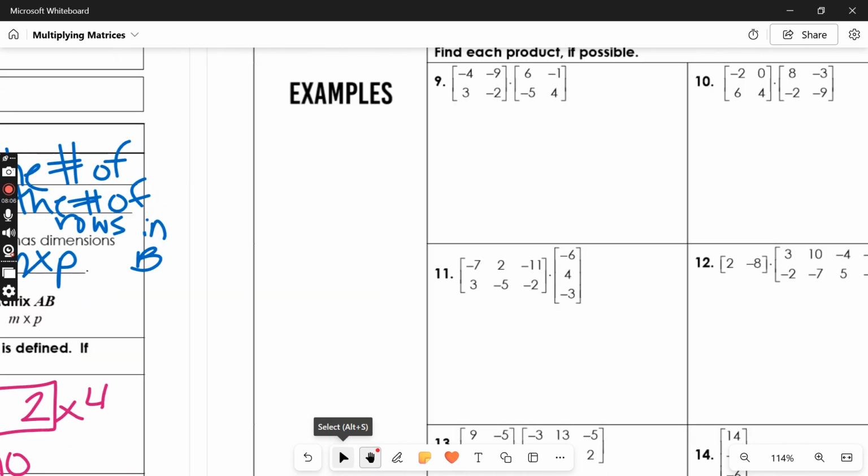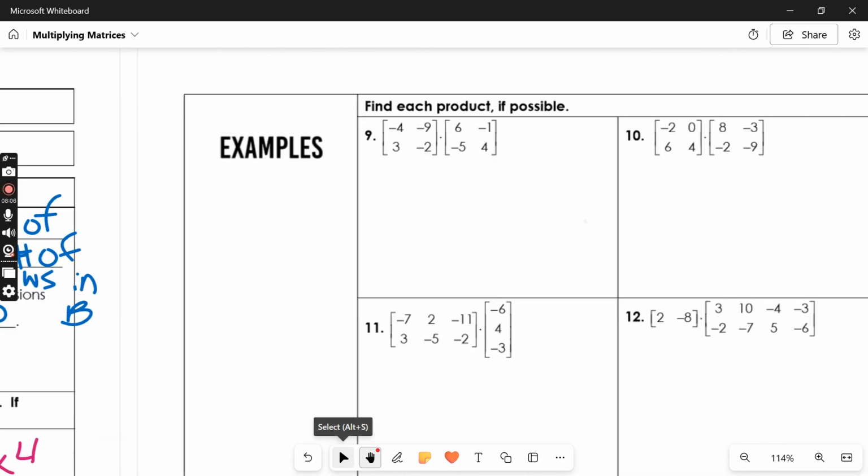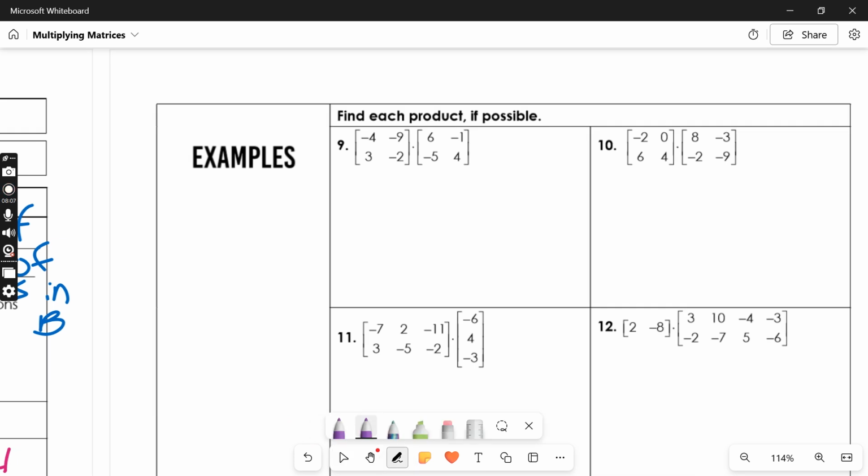All right, so let's try. Okay, I'm going to start with doing my first row and my first column. So I'm going to have this as, I'm not even going to put a bracket yet, -4 times 6 plus -9 times -5.